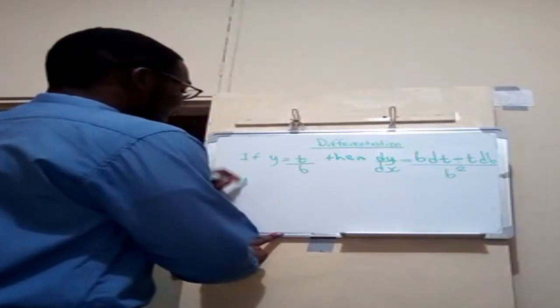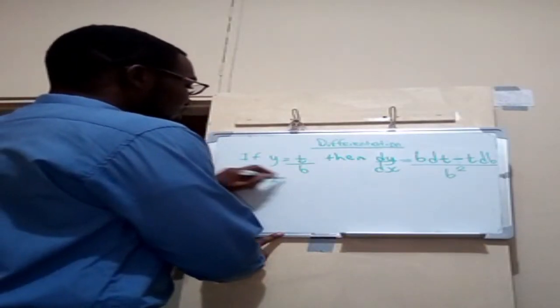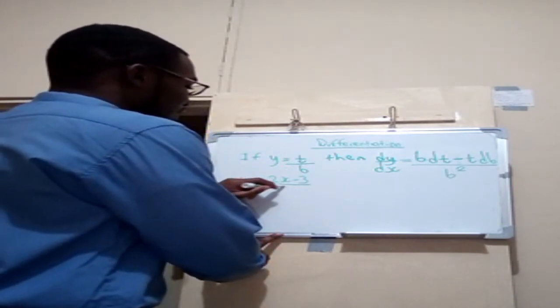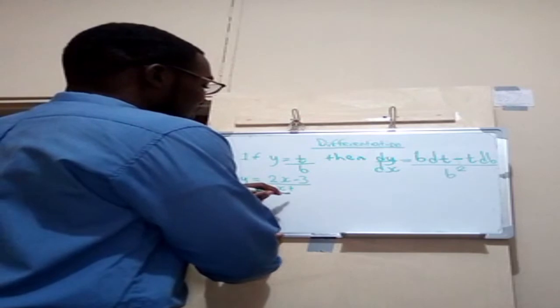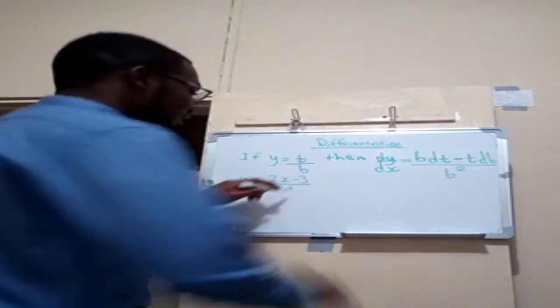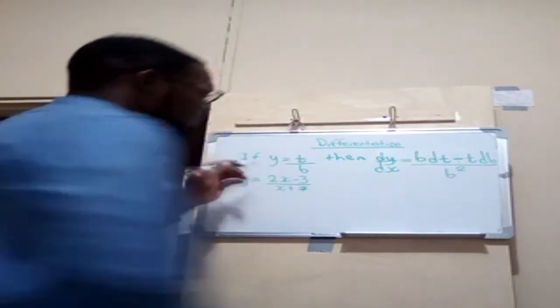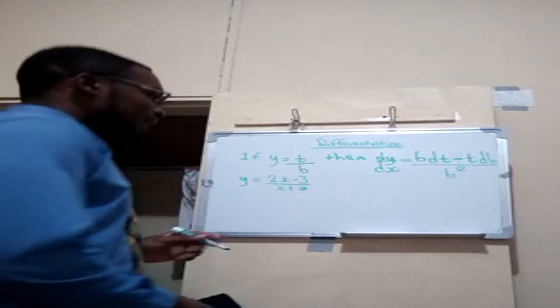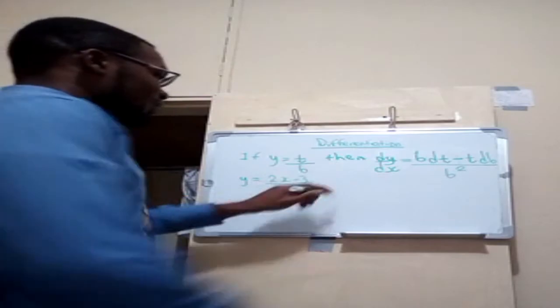So let's look at an example. Let's say y is equal to 2x minus 3 divided by x plus 7, right? So 2x minus 3 divided by x plus 7. So we want dy by dx. First thing we have to write down our top.